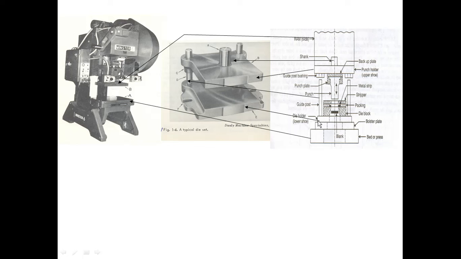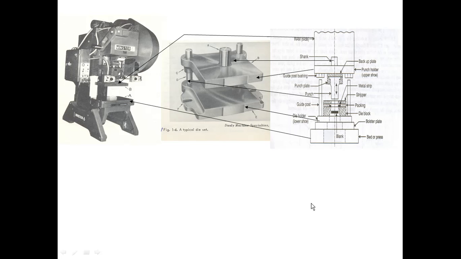Then the die holder or bolster plate. This total assembly is fixed: the shank is fixed in the ram of the press, whereas the die holder is fixed to the bed of the press directly, or there may be an intermediate bolster plate you can use.